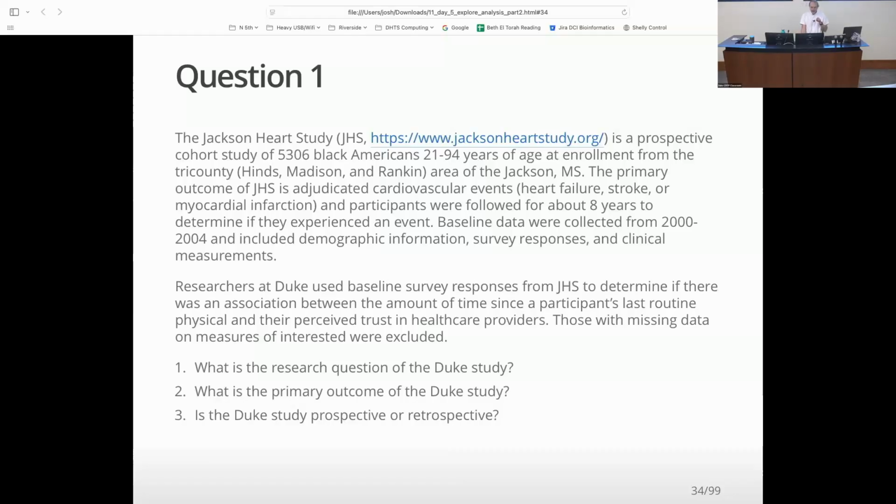The way this is phrased, it says whether there's an association between the amount of time since a participant's last routine physical and the perceived trust in healthcare providers. I think that the assumption is that the perceived trust in healthcare providers is going to influence whether, yeah.